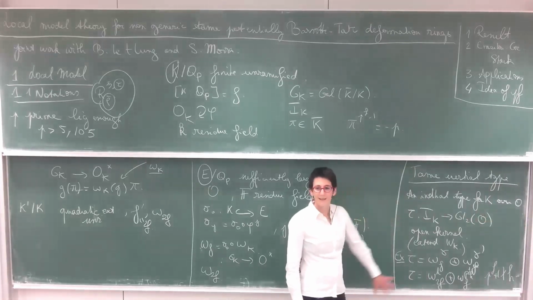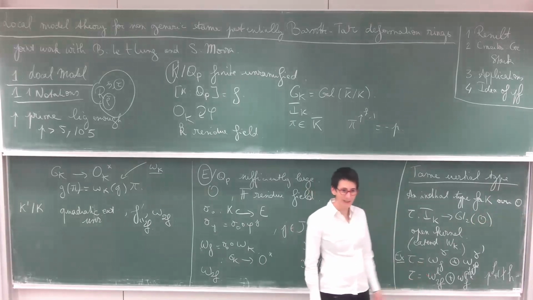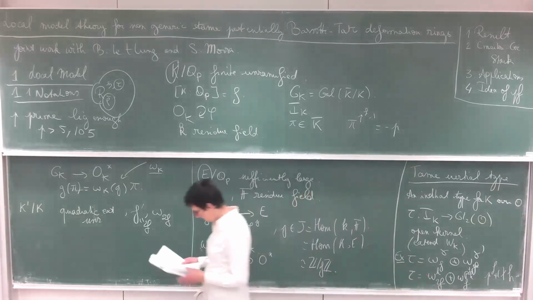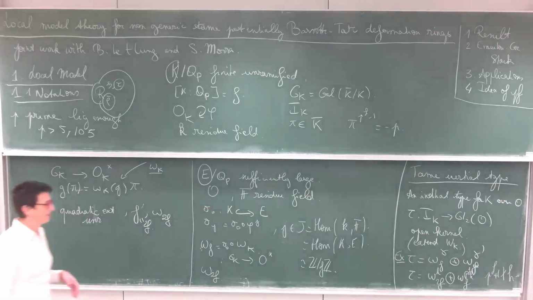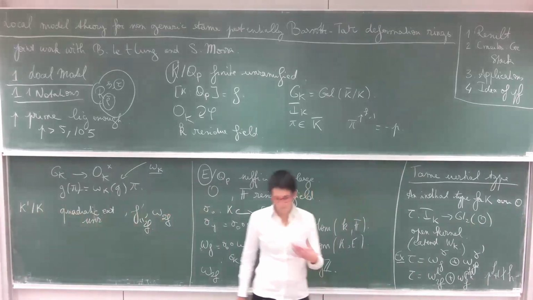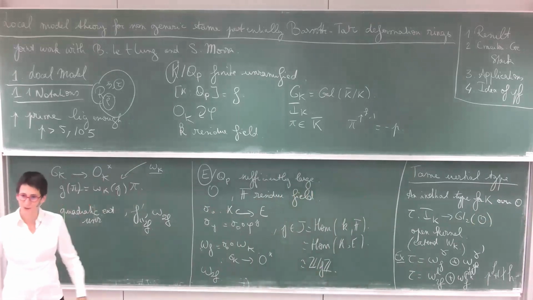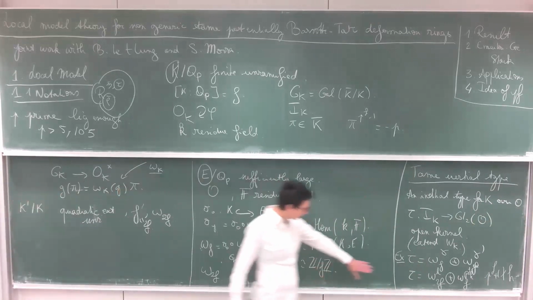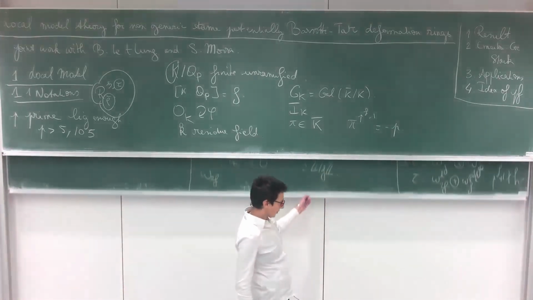But it's too simple. So I will rewrite the same object in a more fancy way. It's not only because it's fancy, it's because it's more efficient to think that this theory could be generalized. Okay, so I will rewrite these two objects in another way.